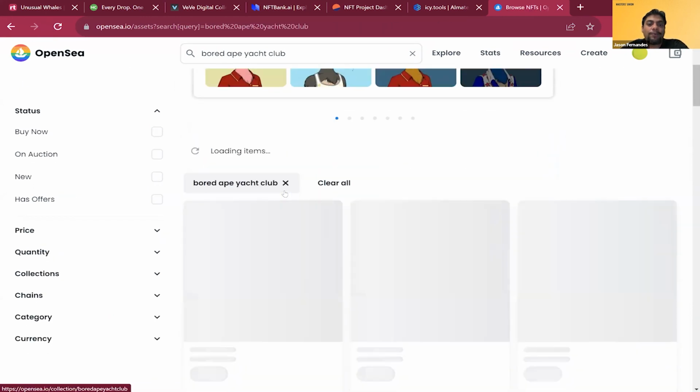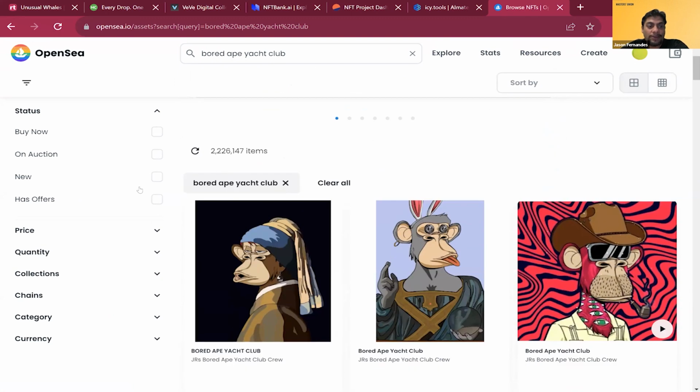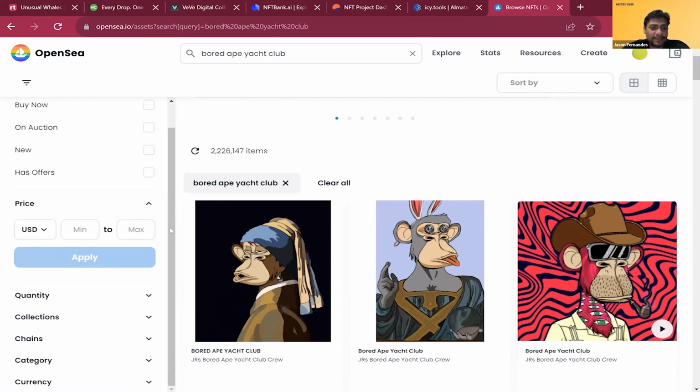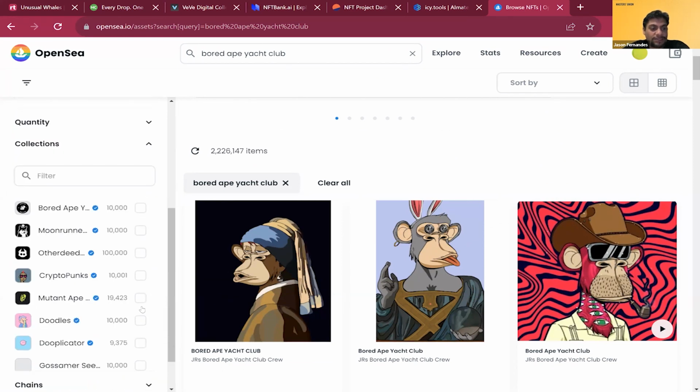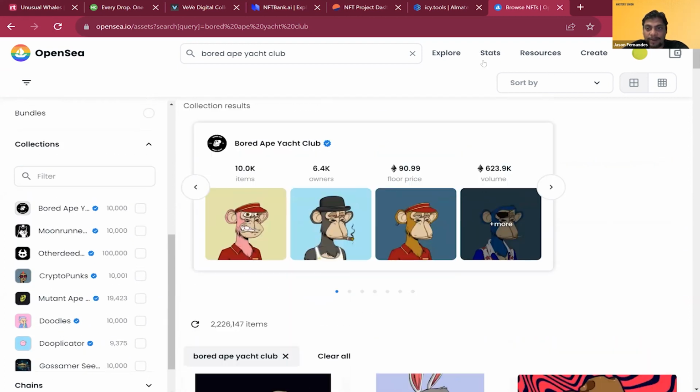You can now select this based off of, for example, the kind of collections, which we've already seen, the quantity. Let's look at rankings.